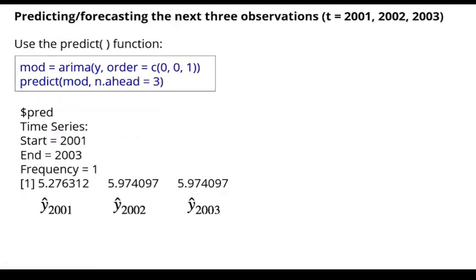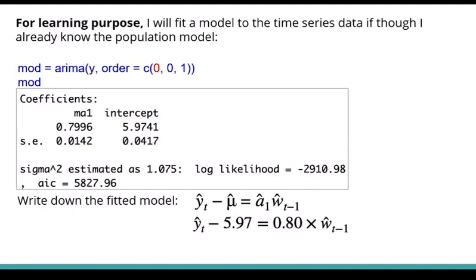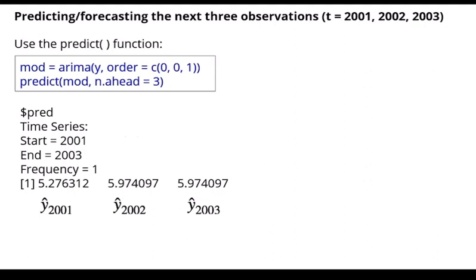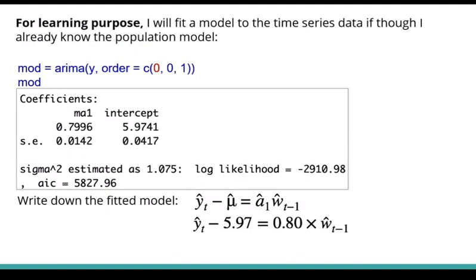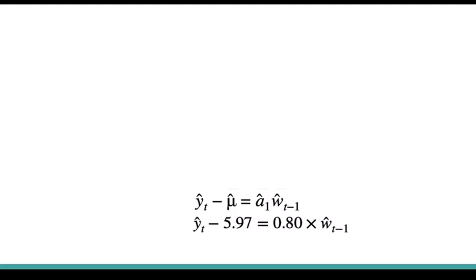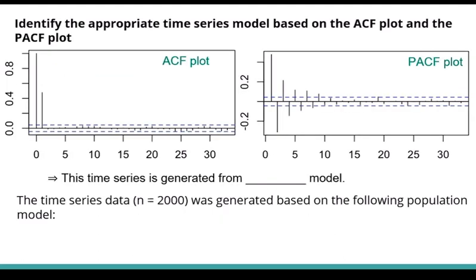If this is a fitted model, we can make a prediction, and that is what we want to do now. The data set we are using ended in year 2000, since we simulated 2000 data points.